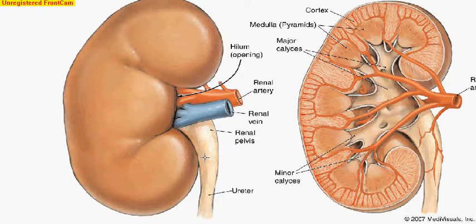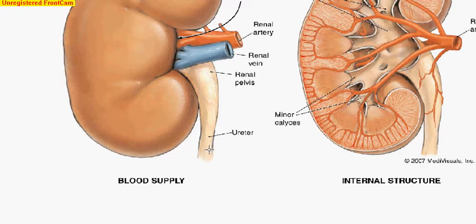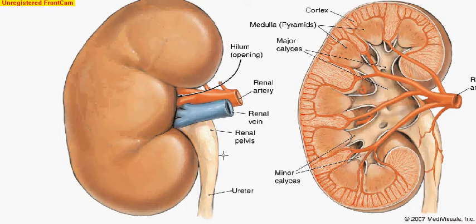Then there is the renal pelvis, which moves the urine to the ureter, which goes to the bladder and goes out as urine. So this is connected to the urinary system. But the renal pelvis is where all these internal parts end.